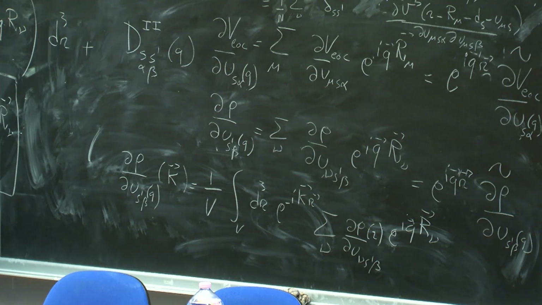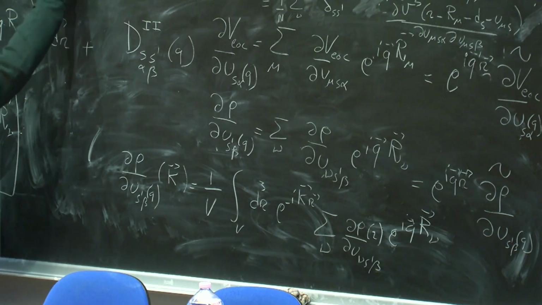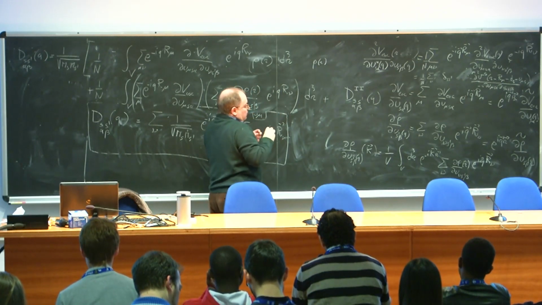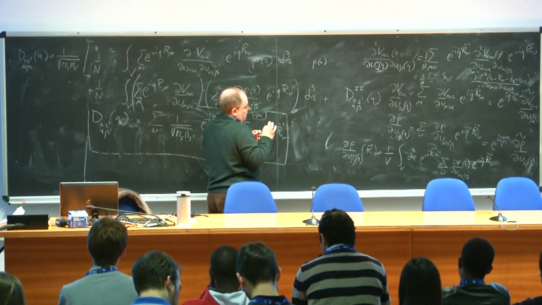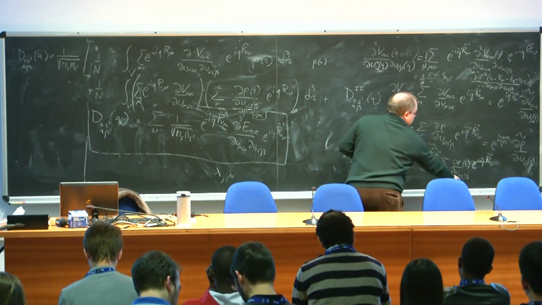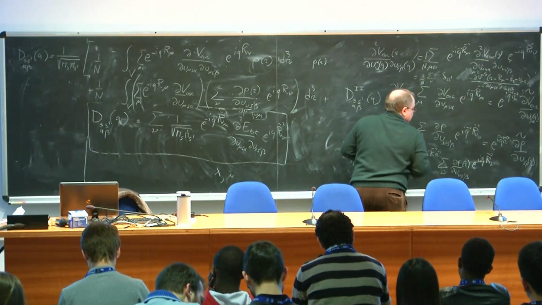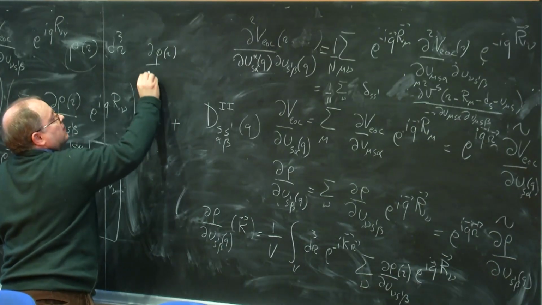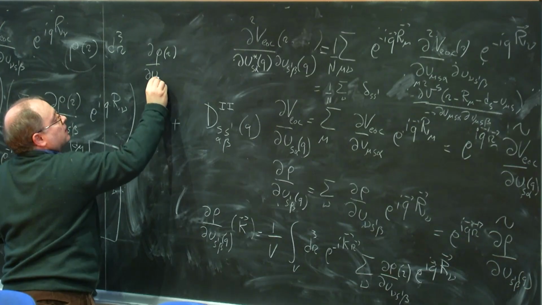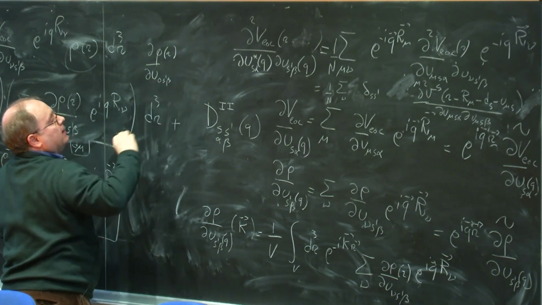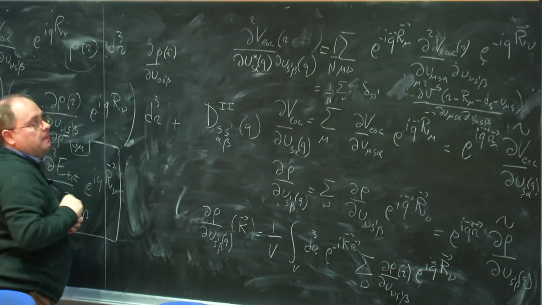And now we can exploit the fact that the rho is periodic in this way. So let's look at the rho of r. And suppose that we change the position of an atom in the cell 0, the atom S prime in the direction beta. So we do the derivative of u 0 S prime beta and look at the point r.